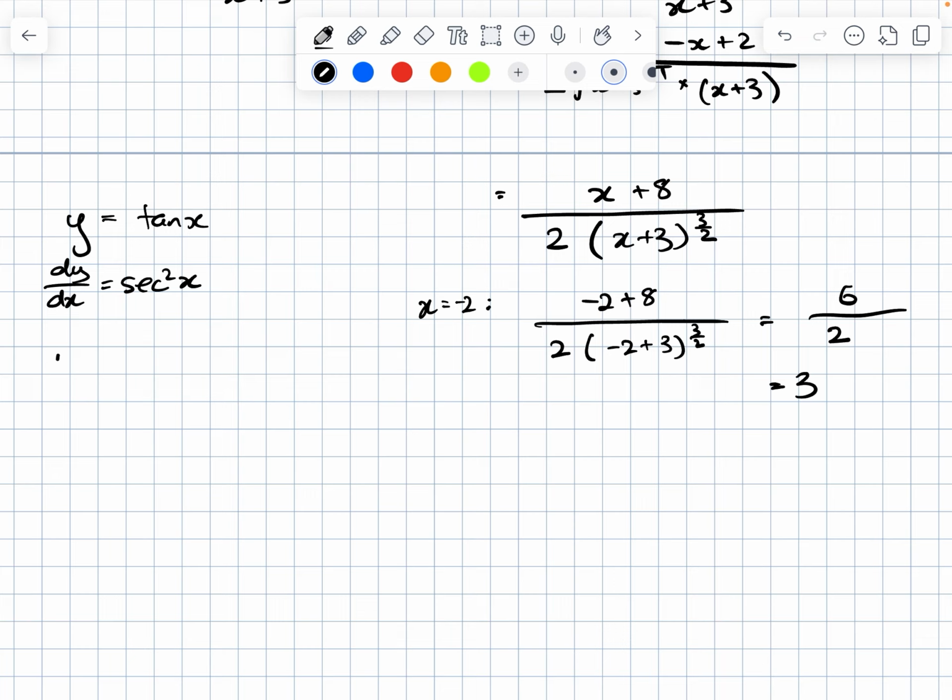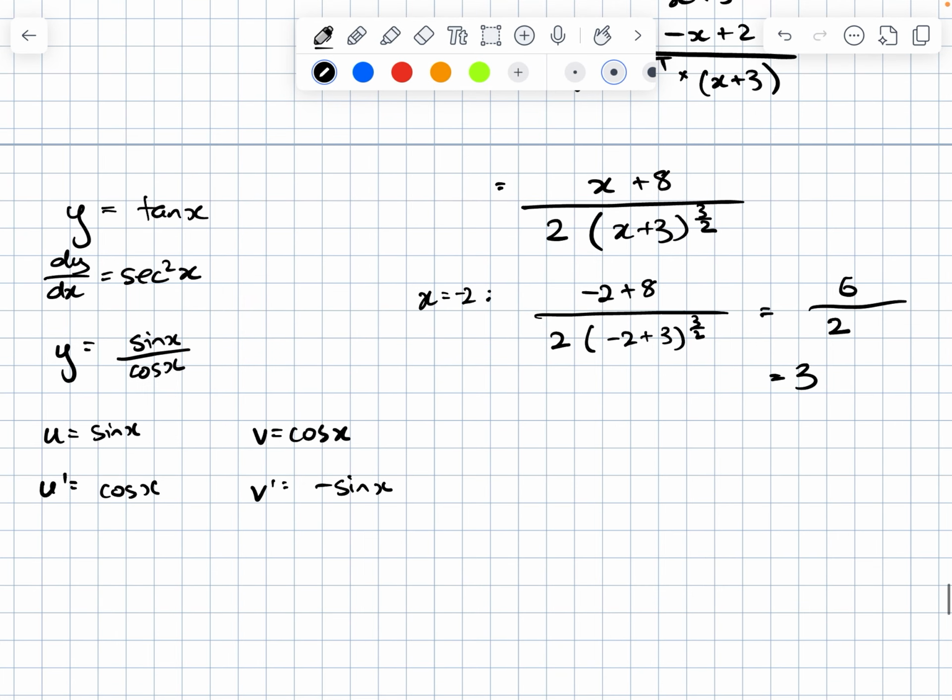Another way of writing tan is sine x over cos x, which means that u is sine x and v is cos x. So u dash is cos x and v dash is negative sine x. And we showed graphically why sine differentiates to cos and cos differentiates to negative sine in class.